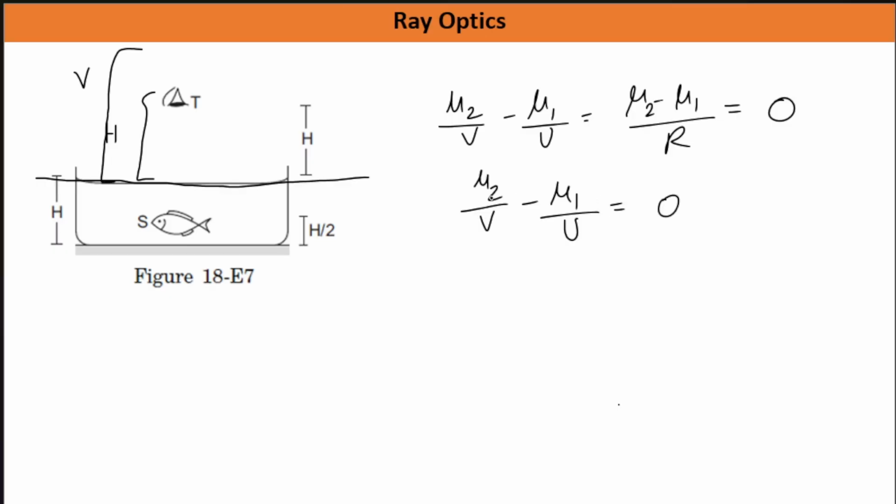Now, what is mu2 here? mu2 is the refractive index of the medium in which the refracted light is. The light came like this and got refracted towards the normal into the water, so the refracted light is in water. So mu2 will be mu. The incident light is in air, so this is your 1. So this is mu by v minus 1 by u.